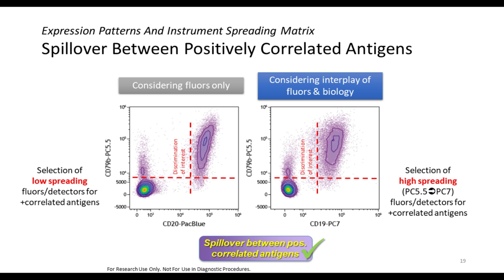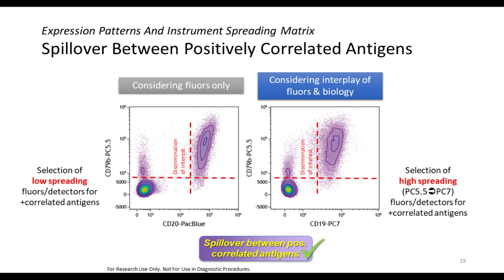And this is indicated here by this discrimination of interest dotted lines, which clearly indicates that we might just be interested here in a loss of a certain density of expression, but not in discriminating between negative and dim or weakly positive events.